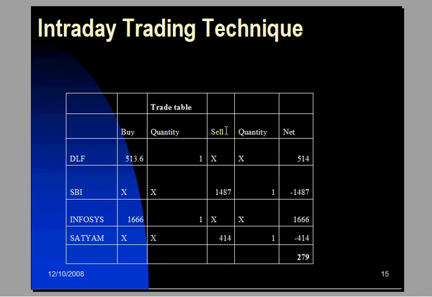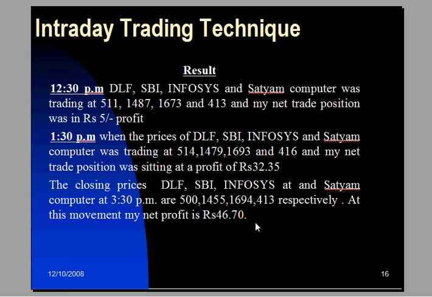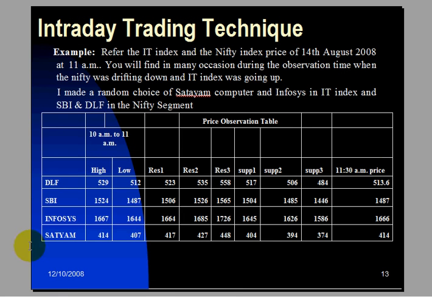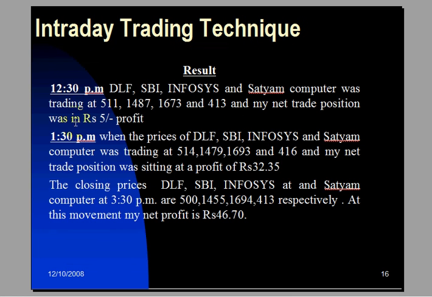This is based on the resistance and supports I derived using the Gann calculator, compared with the current market price. Now see the result. This trade was completed at around 11:30, and around 12:30 I recorded the prices of DLF, SBI, Infosys and Satyam, which were trading at 511, 1487, 1673 and 413.